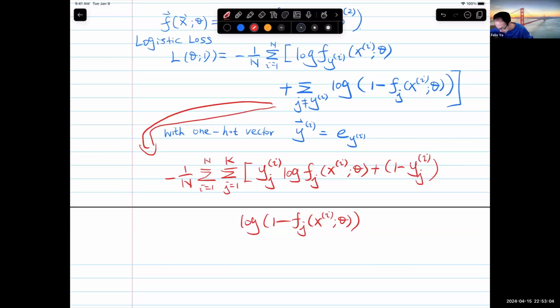Okay, so I used one-hot encodings to simplify the summations. Here we're using the logistic loss instead, rather than cross entropy. It depends on whether we're using the sigmoid or not.